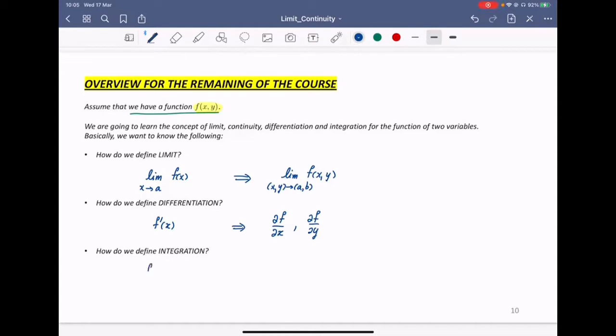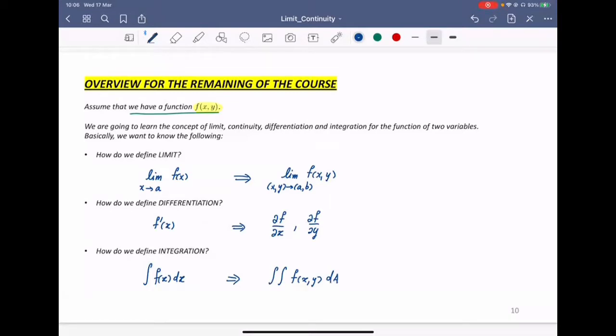And then after that, in one dimension, you used to have integration. And then in chapter 5, like next month, once we complete differentiation, we're going to go to integration, which is going to show you how to integrate f(x,y) on the domain, the rectangular domain and general domain in two dimensions, which is going to be the most important one because you need to carry it to use it in other courses.